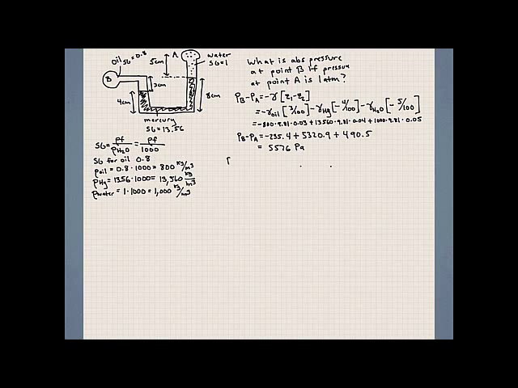So we can say pressure at B minus 1 atmosphere, which is 101,325 pascals. Remember, we have to be homogeneous when we talk about units. Equals 5576 pascals. So pressure at B is going to be approximately 106.9 kilopascals.